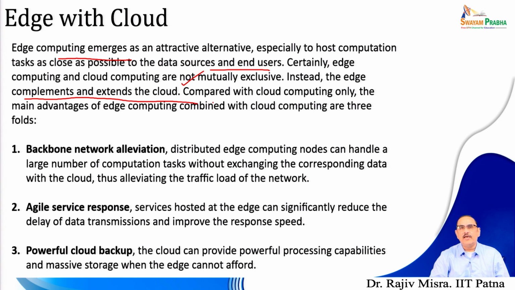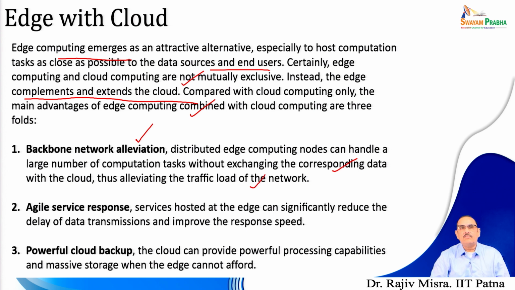Compared with cloud computing, the main advantages of edge computing combined with cloud computing are three. So, that means edge computing will have backbone network alleviation, that is not every data is now sent to the cloud, thereby alleviating the traffic load on the network.